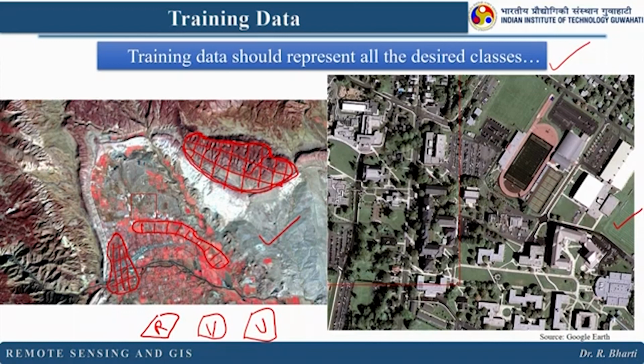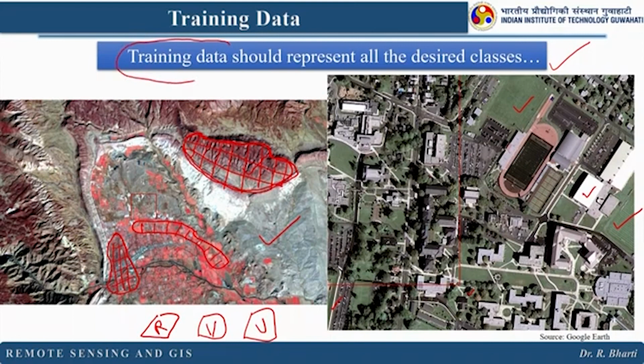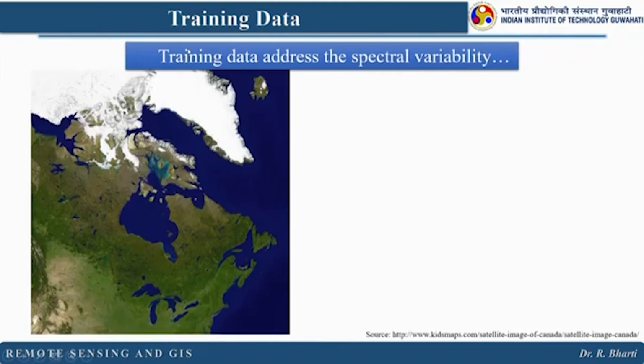So here you can use maybe ground, playground, or grasses in one class, trees in another class, concrete in another class, and maybe roads in another class, then railway tracks in another class. So you can identify as many as you can, provided you identify the same pixel on the image, so that those pixels will be treated as training data, right.